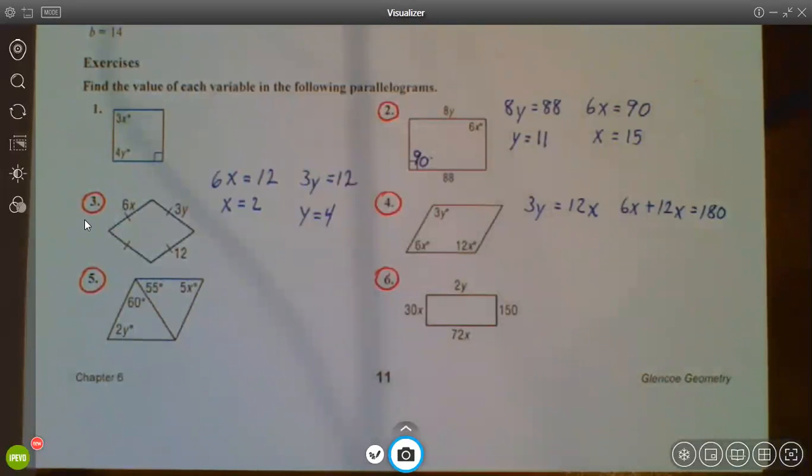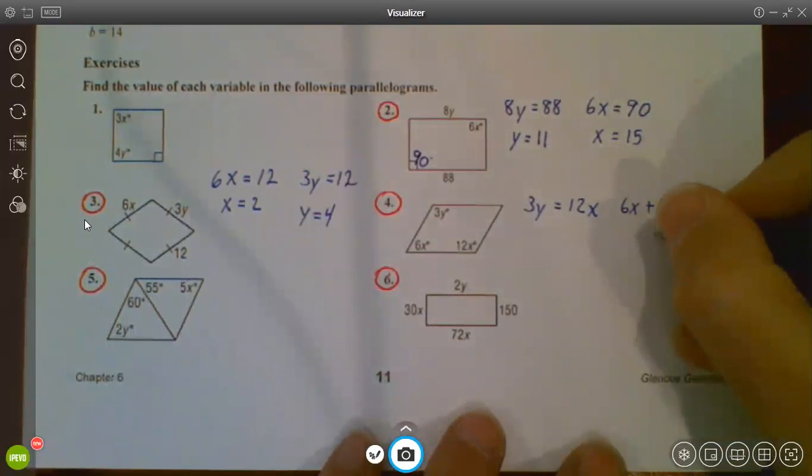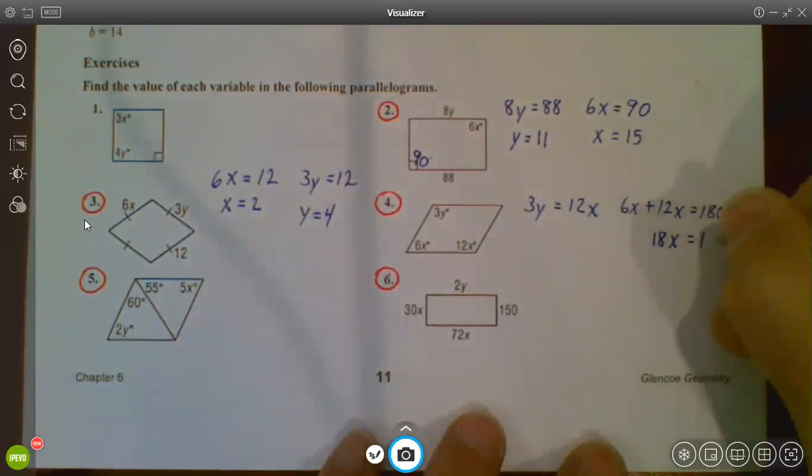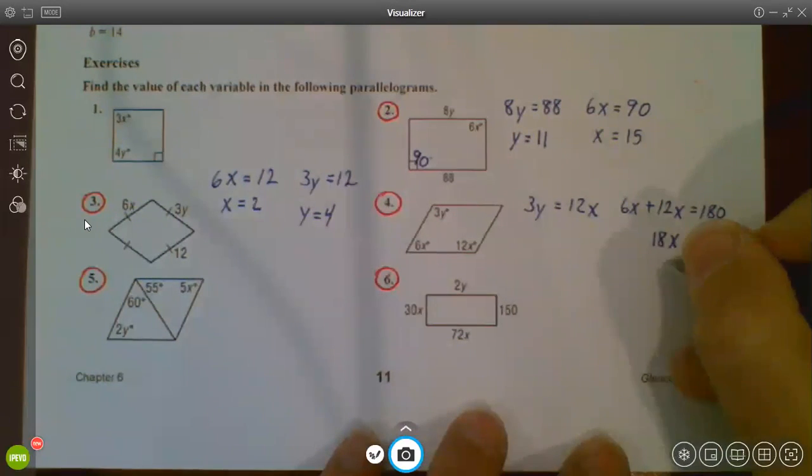And that's an equation we can solve because it only contains x's. So let's do a little solving here. If I add those together, that becomes 18x, and if I divide both sides by 18, we figure out x is 10.